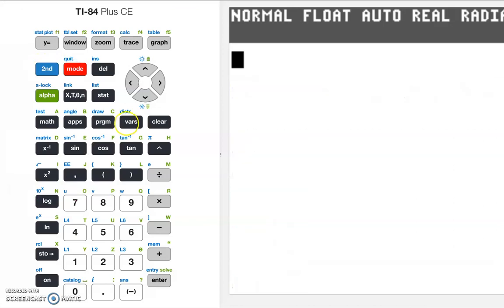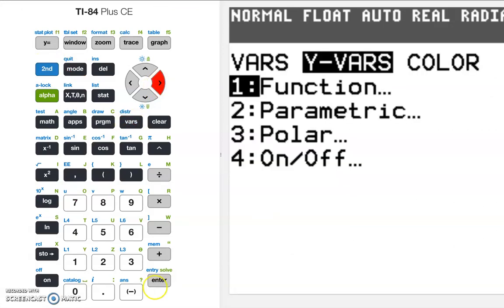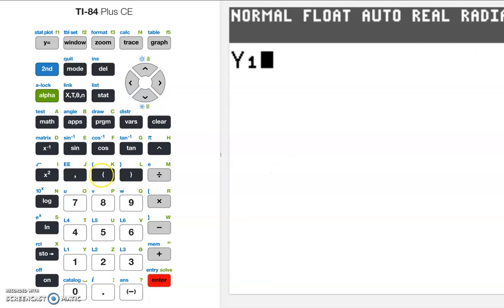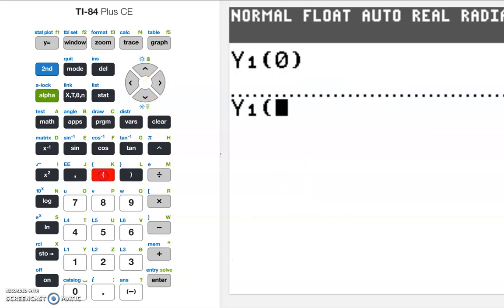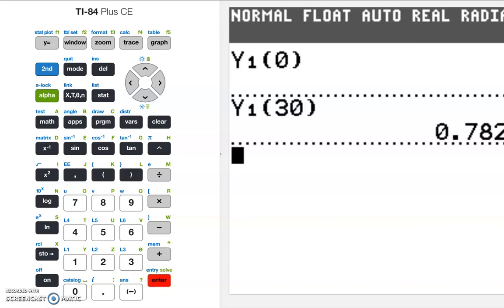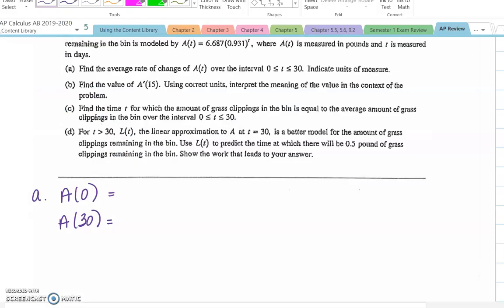So on my home screen, y1 of 0, y1 of 30, now average rate is the slope between those points.